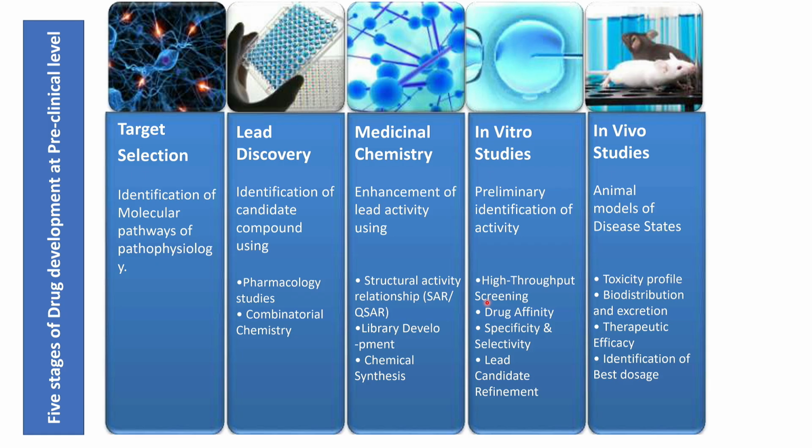So, the second step is lead identification or lead discovery, finding a molecule which can modify the target and thus impact the disease progress. Then comes the third step in drug designing, that is medicinal chemistry.